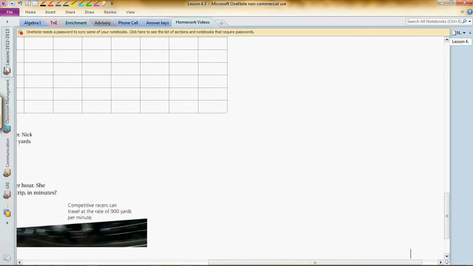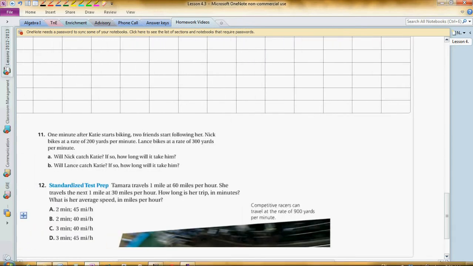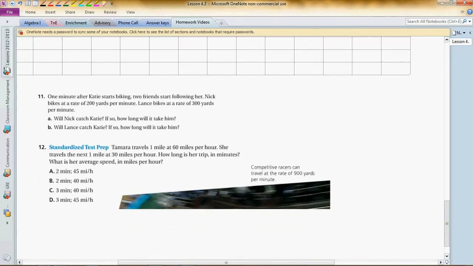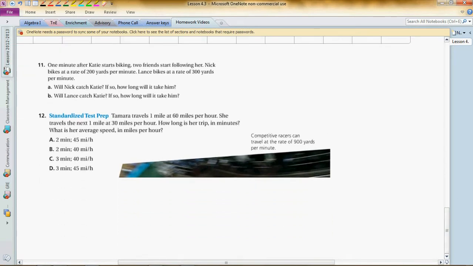Problem number 11. 1 minute after Katie started biking, 2 friends started following her. Nick bikes at the rate of 200 yards per minute. Lance bikes at a rate of 300 yards per minute.